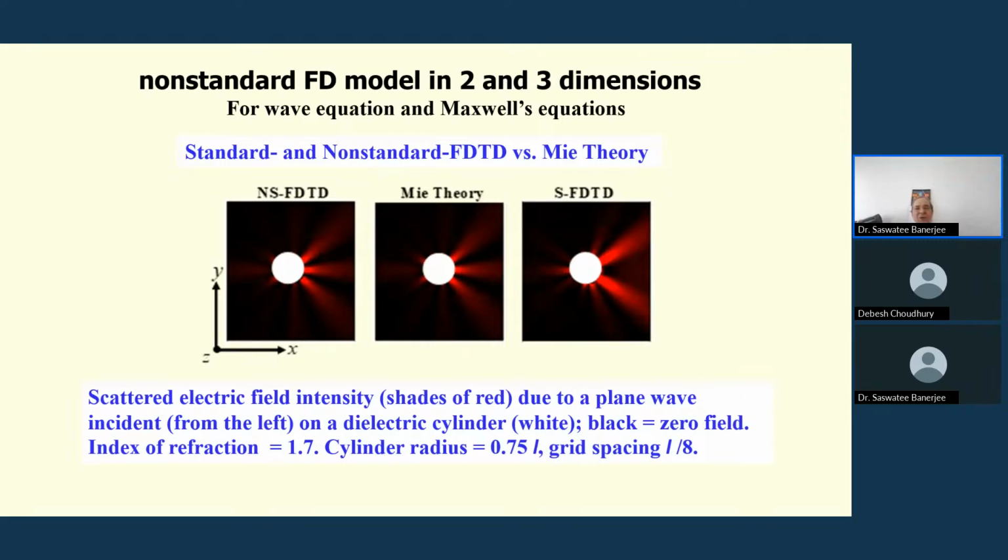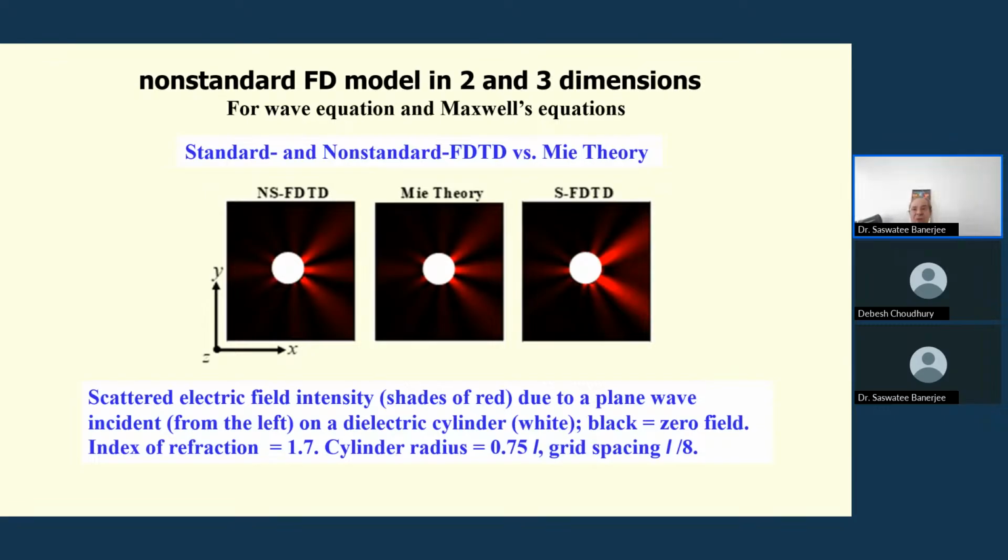Actually, his papers are published in the same journal, Annalen der Physik, as Einstein's special relativity paper in about 1905. So here is the non-standard FDTD. Here is the analytic solution. And here is the textbook FDTD. And we've done this on a very coarse grid, just 8 grid points per wavelength in the vacuum.